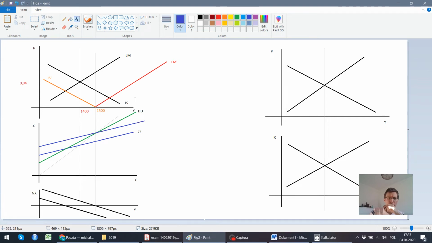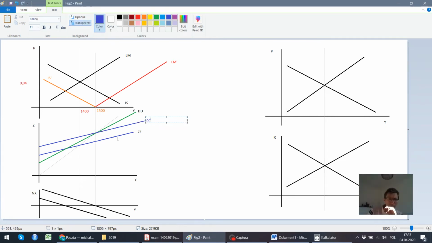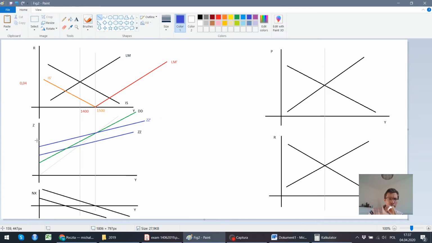So this is the new blue curve, and this is ZZ prime. And of course, the difference in the ZZ curve is the change in governmental expenditures and the change in exports, is it correct?